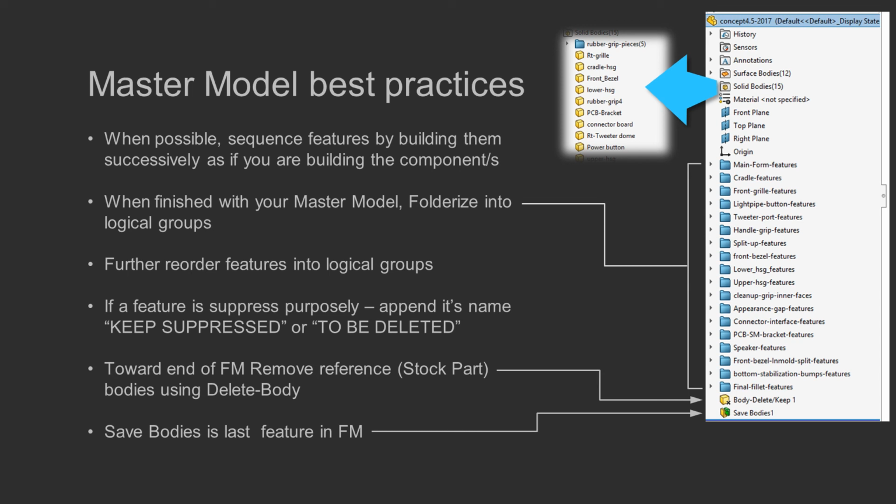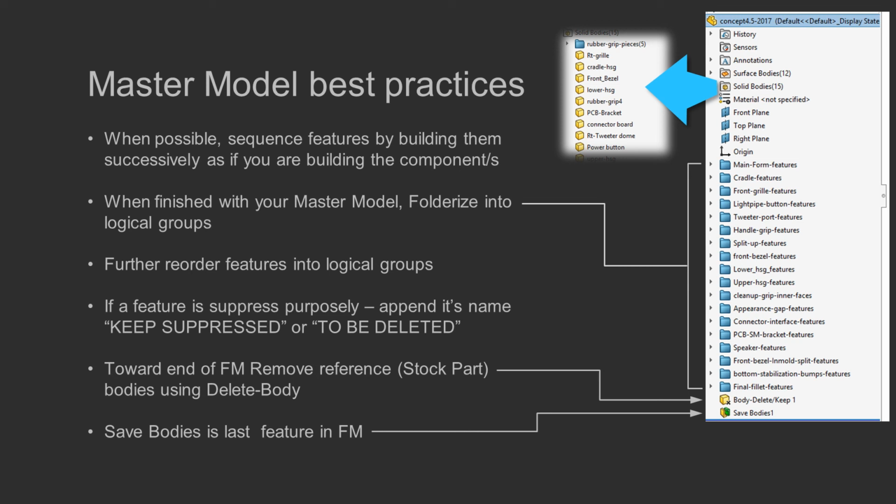You can see in this particular master that every folder contains essentially the features that are used to create that eventual derived part. Also, the actual solid bodies are named for their derived components.